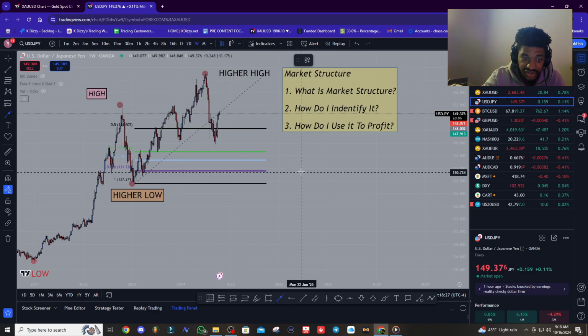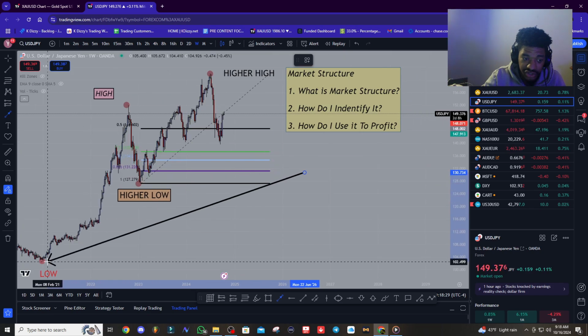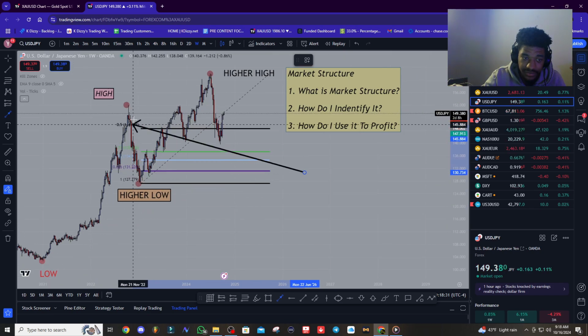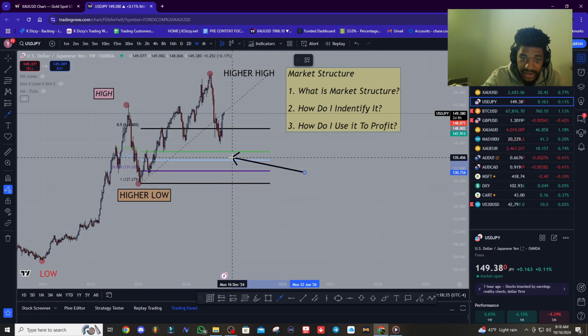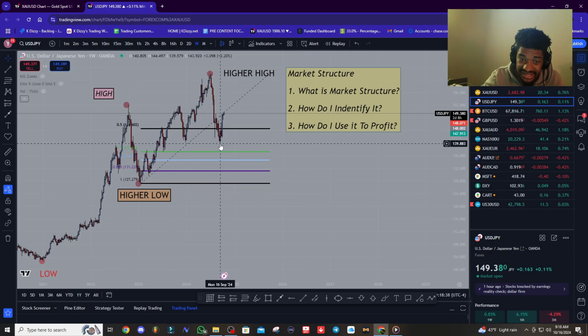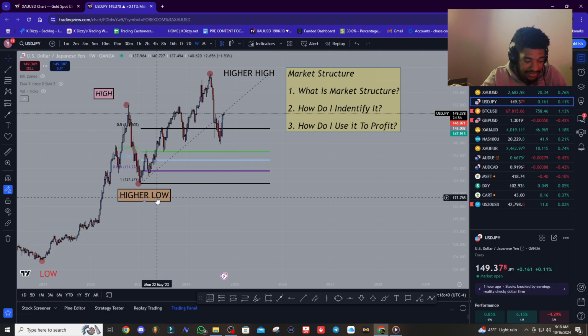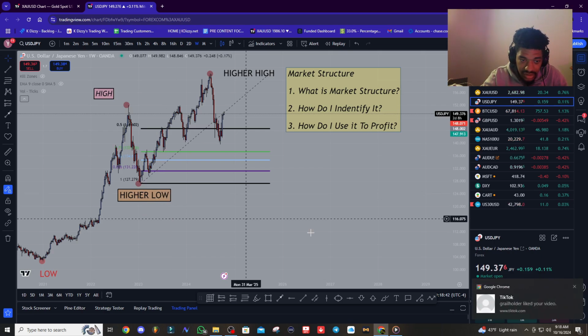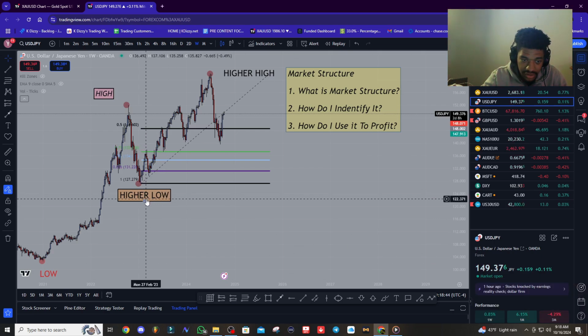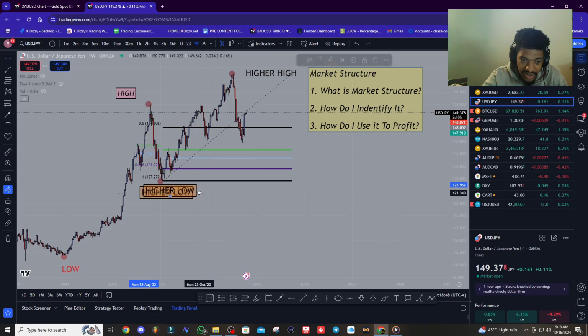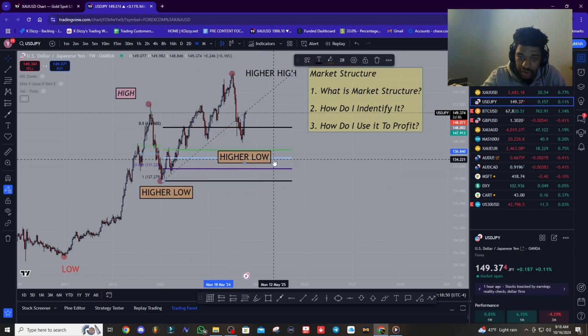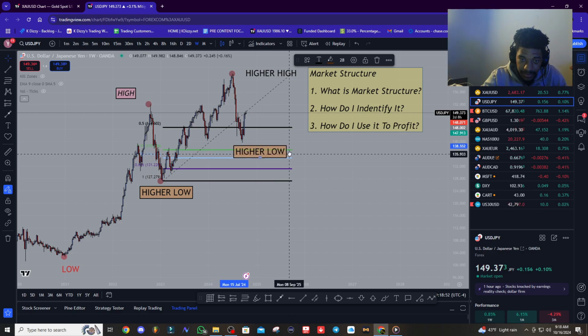And as you can see, there's structure that we're following, right? High, higher low, higher high. So far, it seems like this is the higher low. So if I was to do this, alrighty, disregard that. Let's copy this. So I'm doing control and dragging it. I think you have to select it first. Yep.